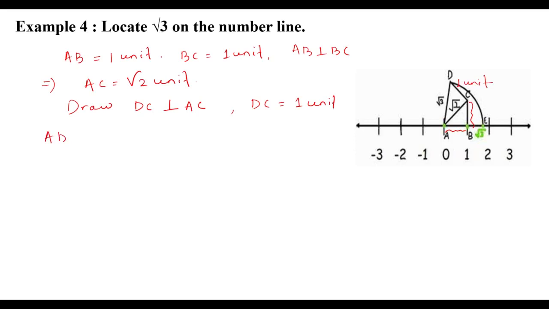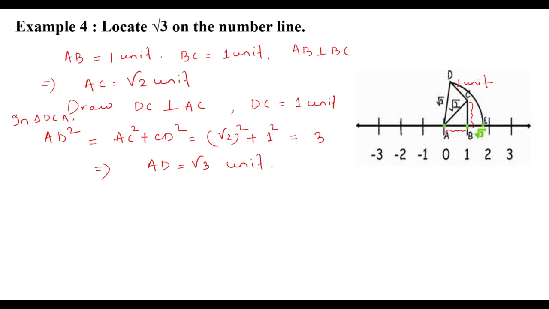So AD square in triangle DCA. AD square is equal to AC square plus CD square is equal to root 2 square plus 1 square is equal to 3. So this implies AD is equal to root 3 unit.